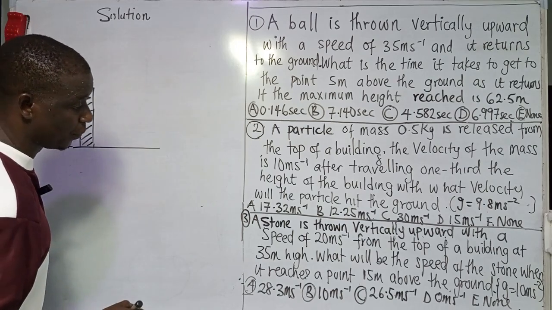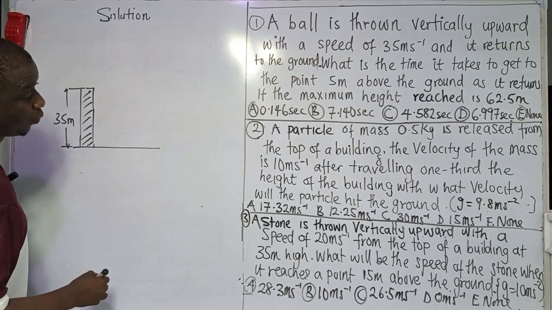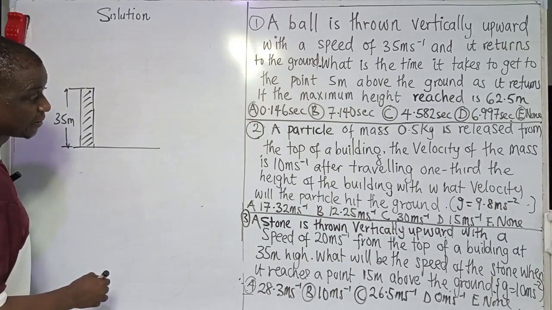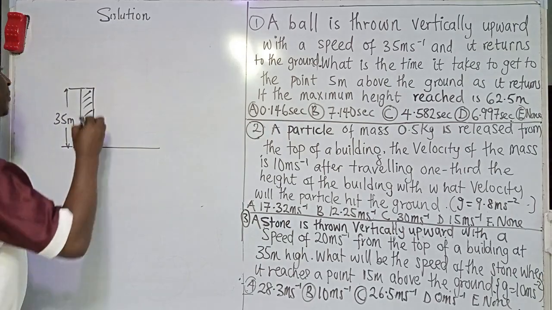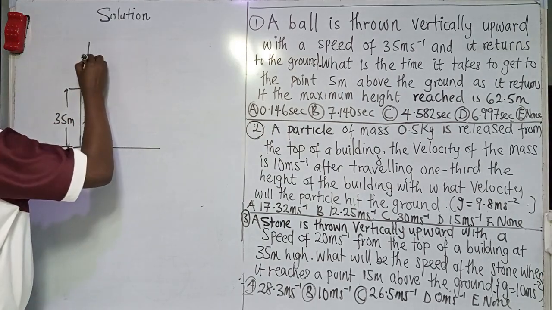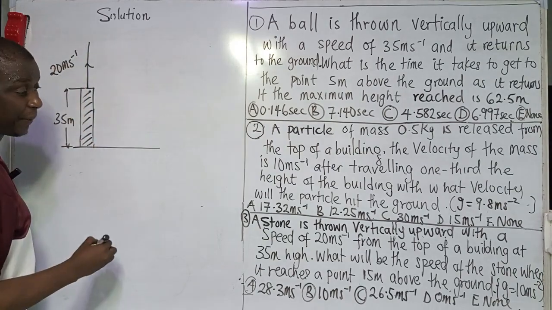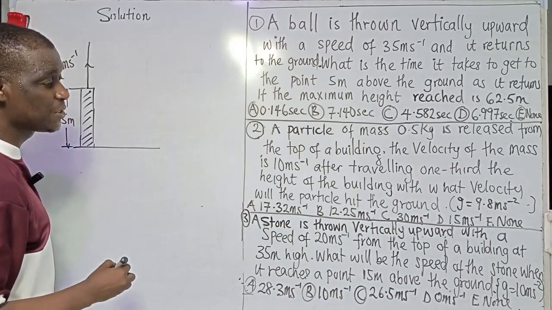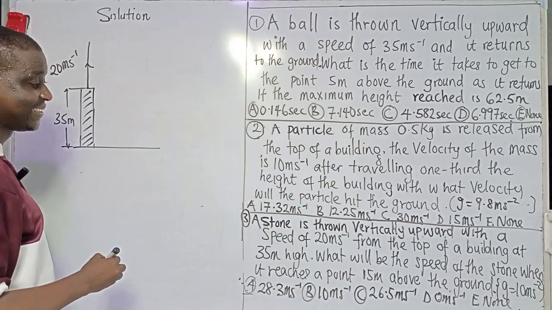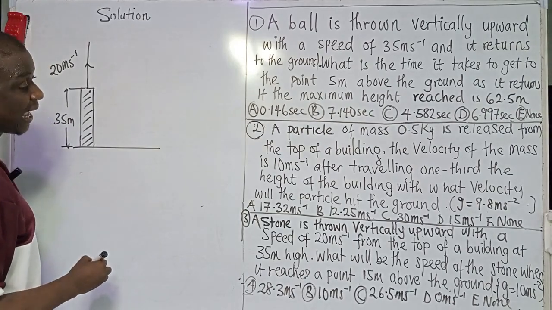It's thrown from the top of the building upward with a speed of 20 meters per second. What will be the speed of the stone when it reaches a point 15 meters above the ground?